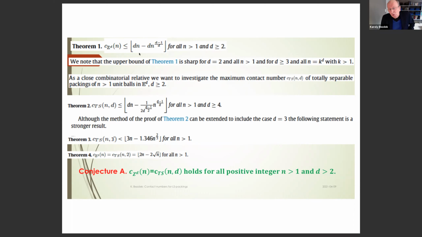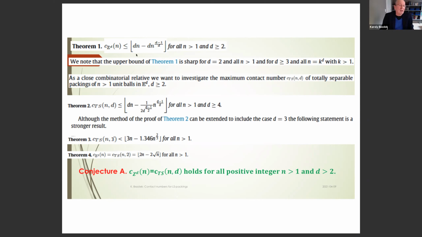The proof is not lengthy at all, unlike the approach in the 2- and 3-dimensional case, which is rather algorithmic. This is based on the Brunn-Minkowski inequality, and that gives this upper bound, which is sharp in dimension 2, and in dimension d it is sharp for all integers n of the form k to the d.